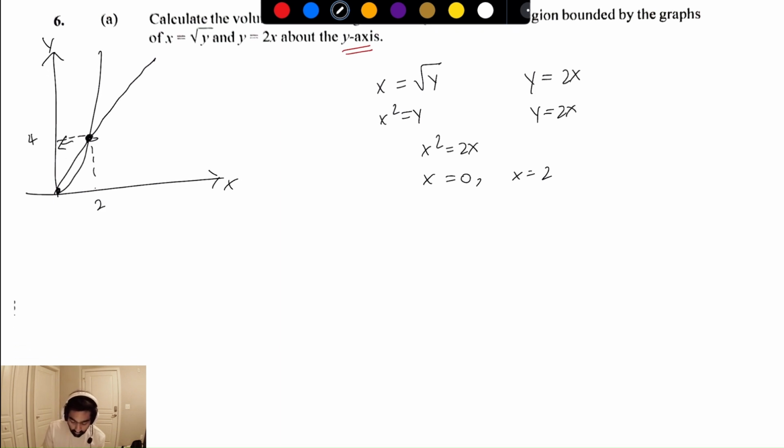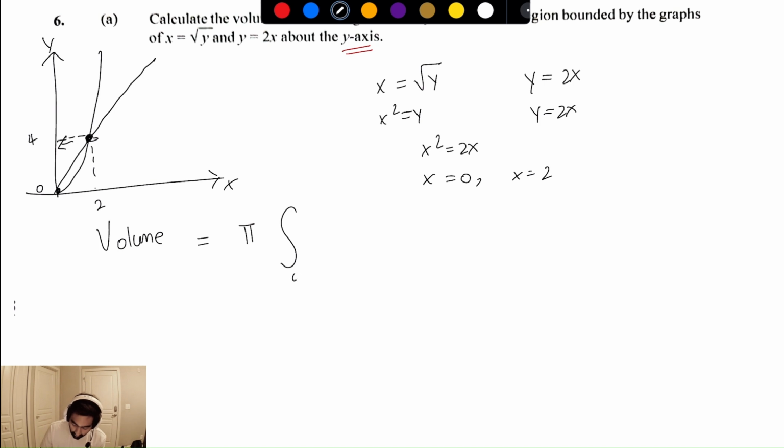So also based on the graph, you can tell that the curve that's going to be above is going to be the x equals square root y curve, right? So we need to use our formula for the volume of solid of revolution. It's called the Washer method, but the volume is given by pi. And because we're rotating about the y-axis, our bounds have to be from y to y.